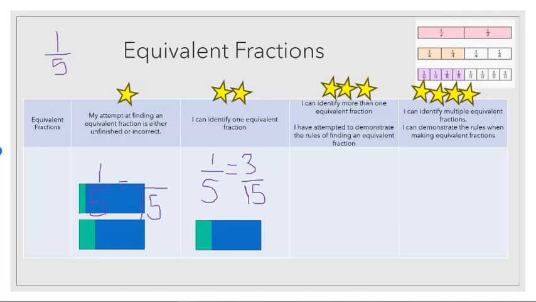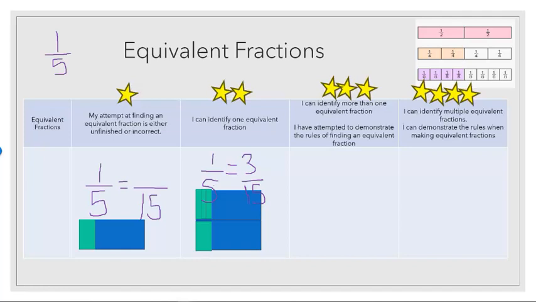And then in terms of your fraction here, you would have those 3 little parts like that. Oh, that's not exactly right. This is hard with this sort of software because it snaps to the grid. There we go. So there's our representation of 3/15 versus 1/5, and that's correct.